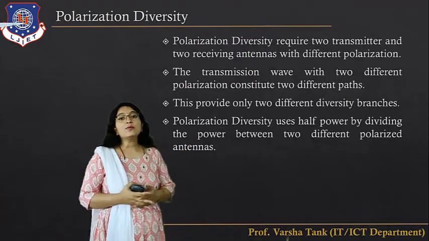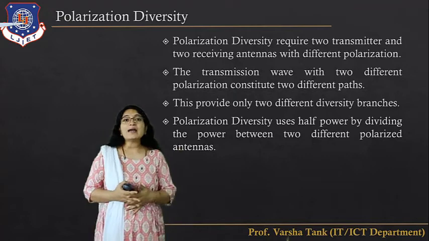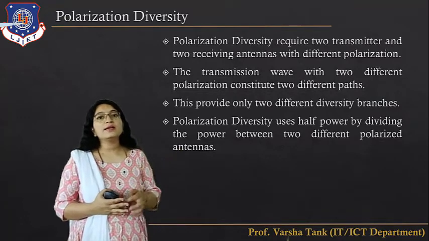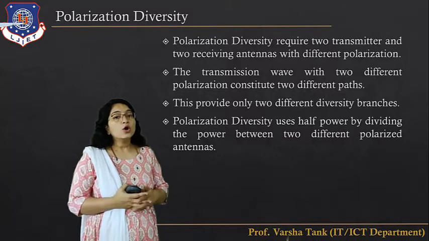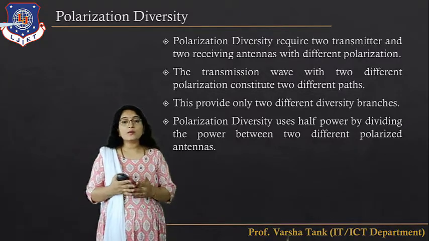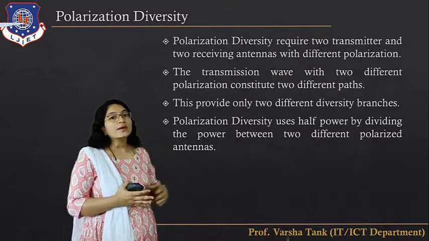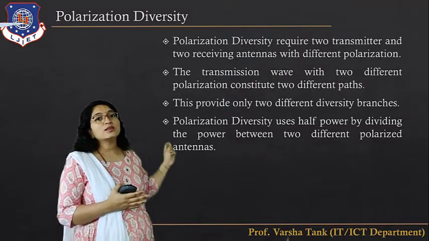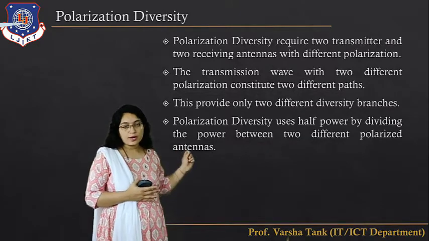Now next one is the polarization diversity. Polarization diversity requires two transmitting and two receiving antennas with different polarization. We have already learned what vertical polarization and horizontal polarization are in the previous lecture. The transmission waves with two different polarizations constitute two different paths.